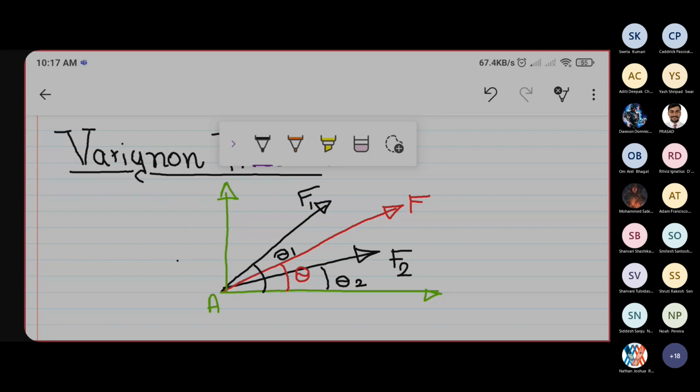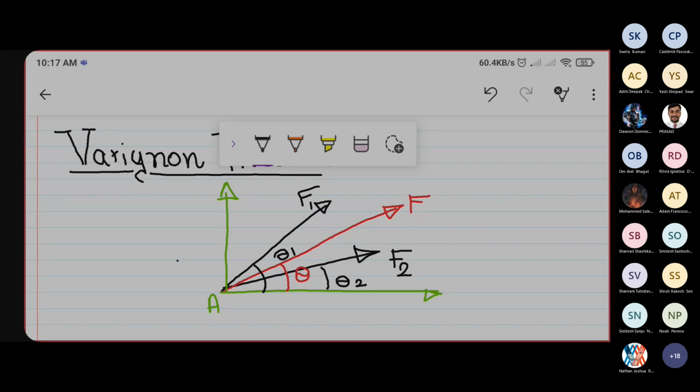What we are doing: we consider two forces F1 and F2 acting at a point A. Let F be the resultant of the two forces. So we got this diagram.